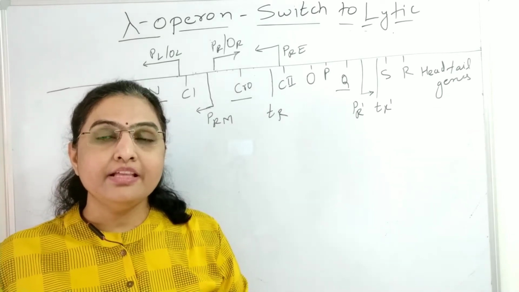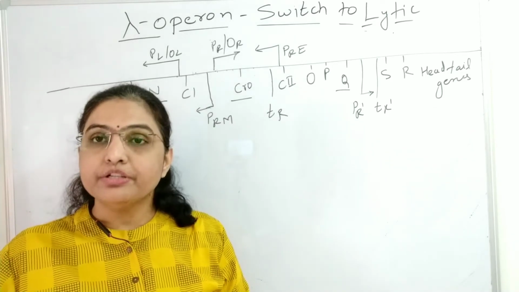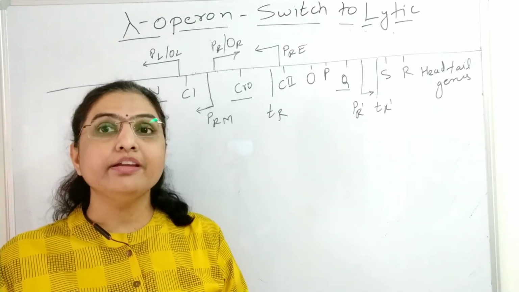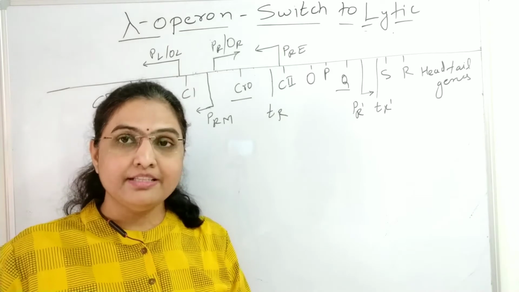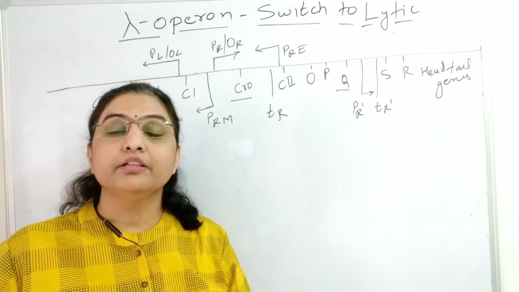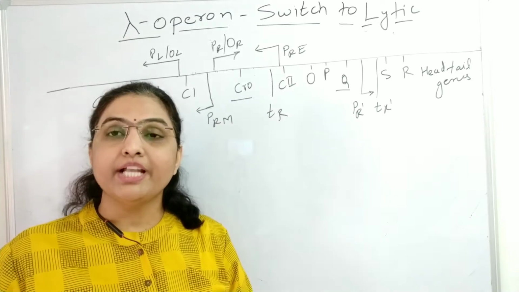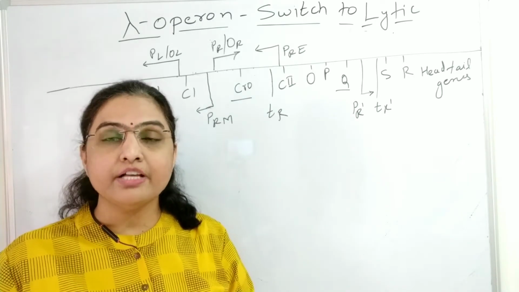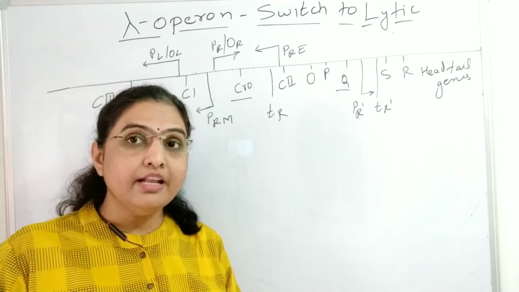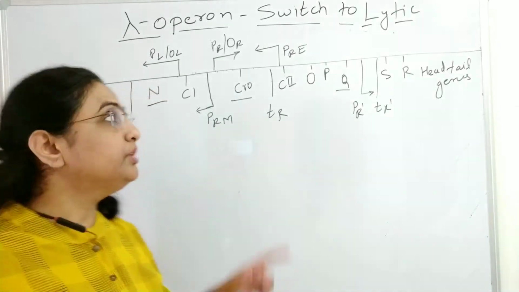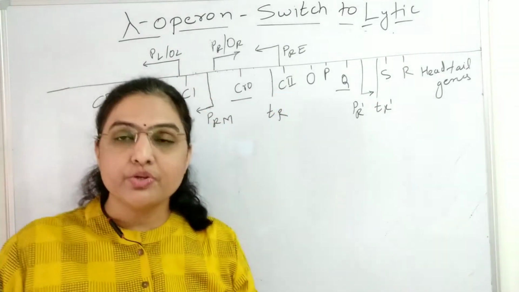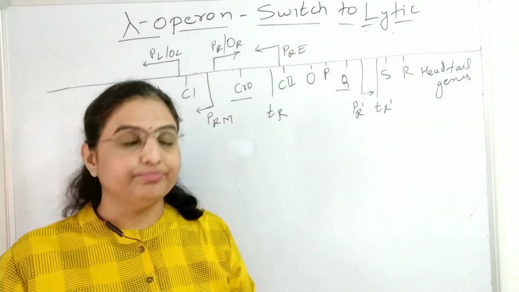So when a phage has to enter the lytic cycle, which gene products should be higher? Yes, N, CRO and Q, because they are the positive regulators. Their gene products have to be higher in the cell, and the gene products of C1, C2 and C3, the negative regulators, should not be present.